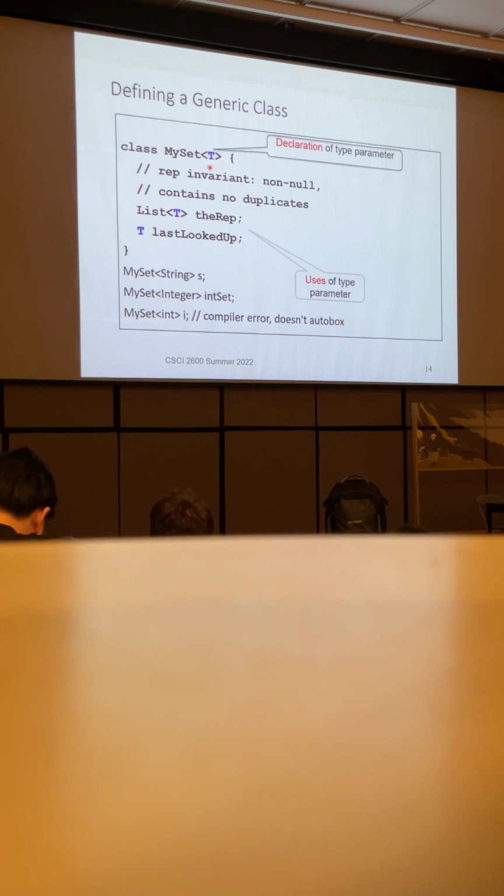In general, if you need multiple type parameters, you can list more than one. So you can put a comma after T and then specify your next type parameter. You can have many type parameters. All right, so typically, if you name your first one T, then the second one would be U, and then you would use V, right?